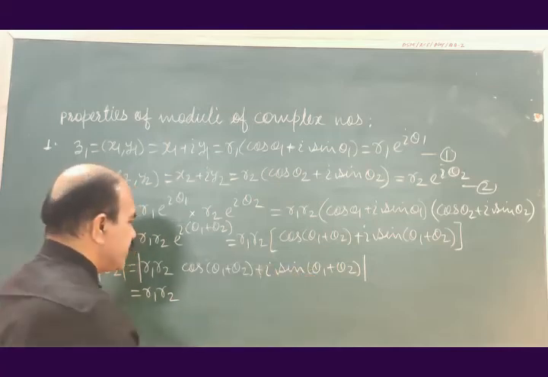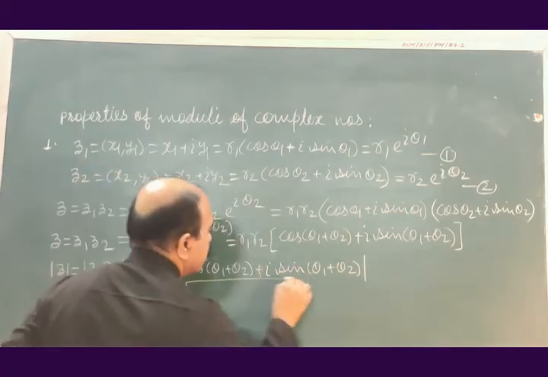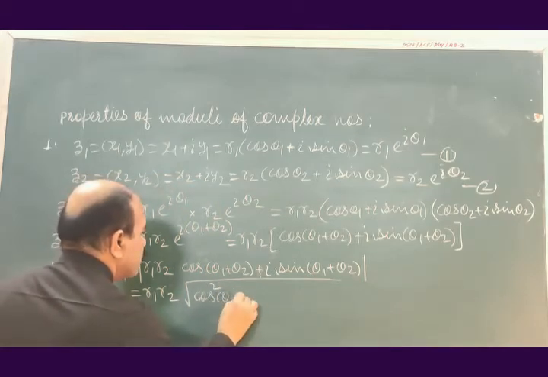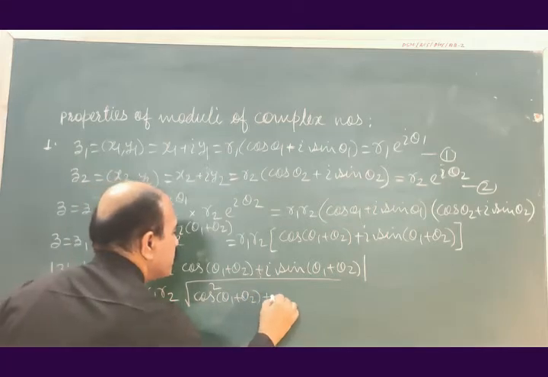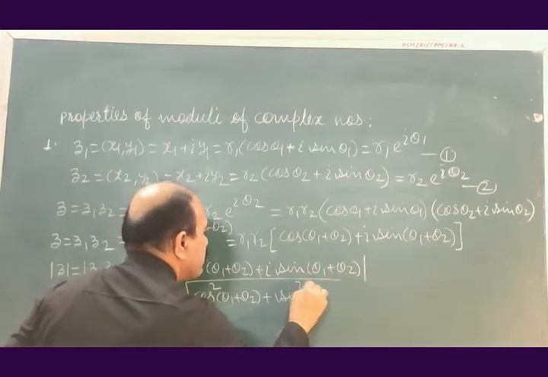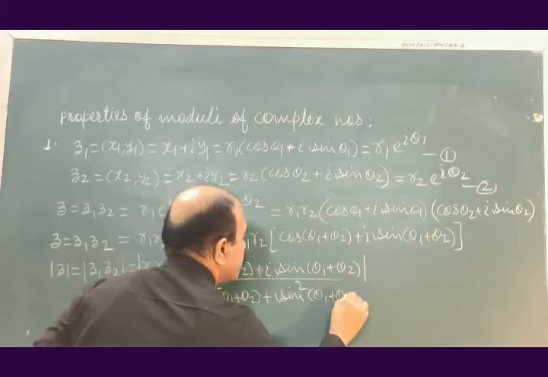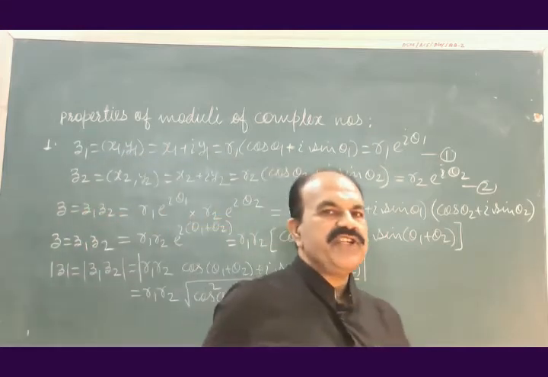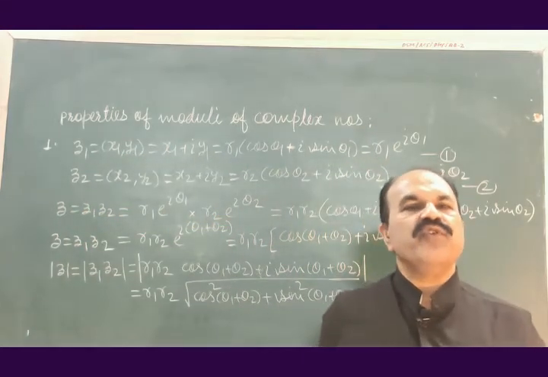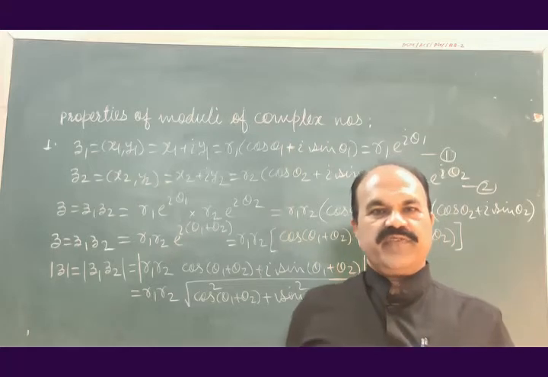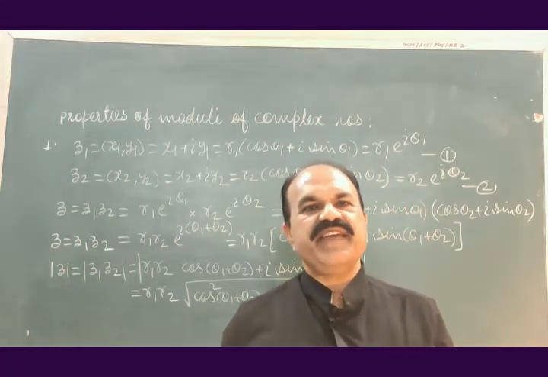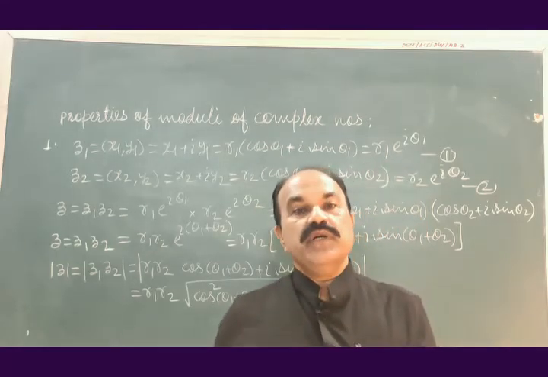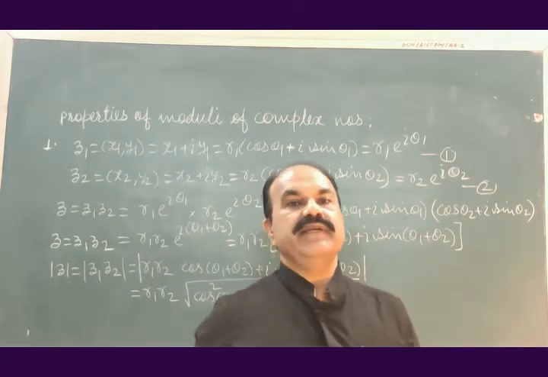What will come out for this? In the definition of complex numbers, we found what the modulus is. If a complex number z is represented by x plus iy, its modulus is the square root of x square plus y square.